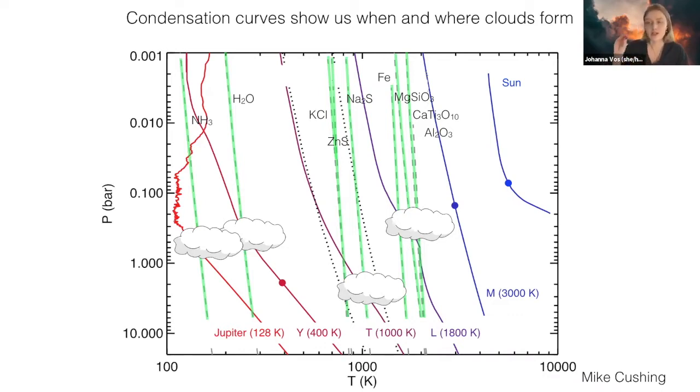And those clouds actually form deeper in the atmosphere, so at higher pressures. Cooler again, you get to the Y dwarfs, which are cool enough for water clouds to form. And then finally, for Jupiter temperatures, you'll get ammonia clouds. And the ammonia clouds are those white fluffy clouds we've all seen on Jupiter.